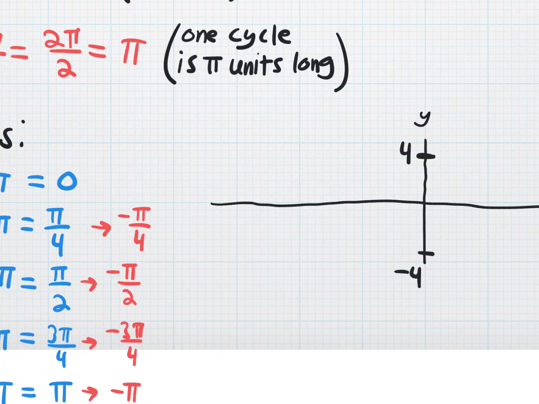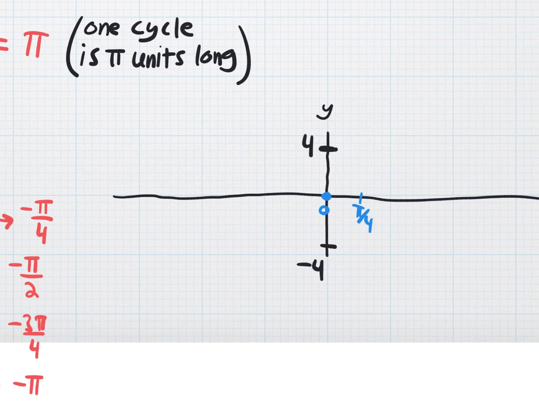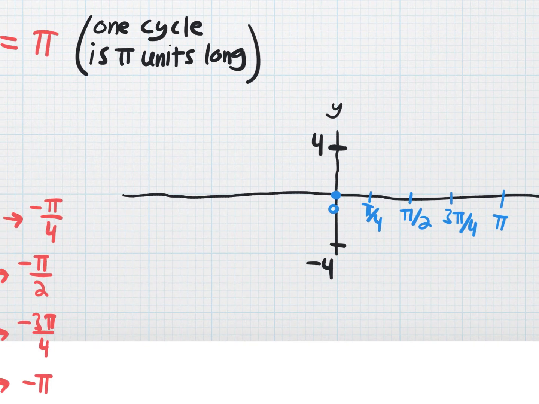All right, and then what you would do is you would mark the key points on your x-axis. 0 is right here. Pi over 4 is right here. Doesn't have to be perfect. Pi over 2 is right here, and you're going to go in increasing order. 3 pi over 4 is right here, and then pi is right here.